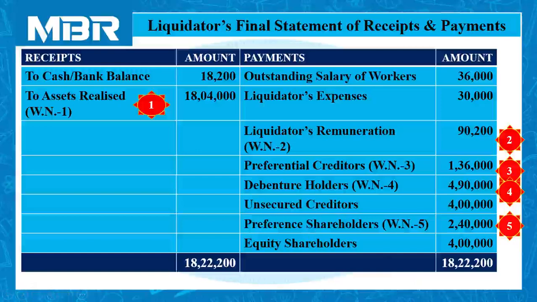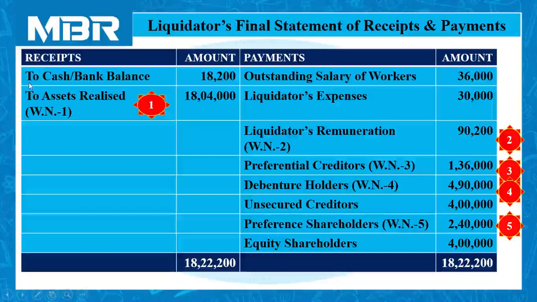On your screen, you can find liquidator's final statement of receipts and payments. For all required calculations, we have prepared different working notes. Let us start our solution from the receipt side.